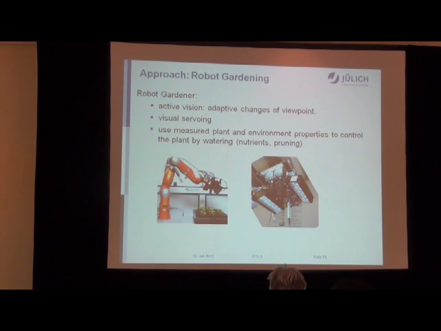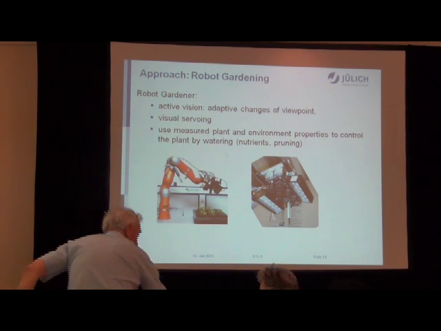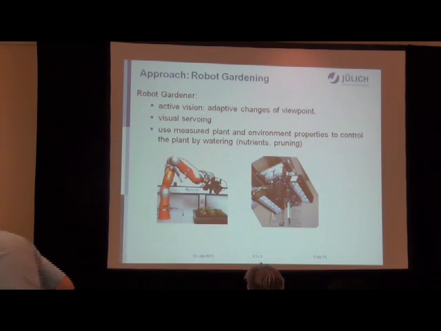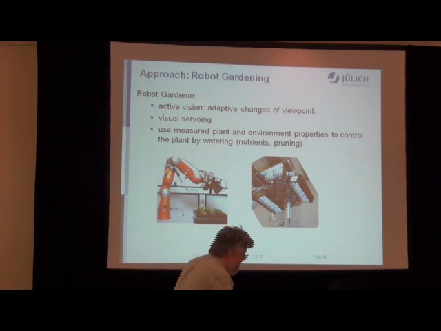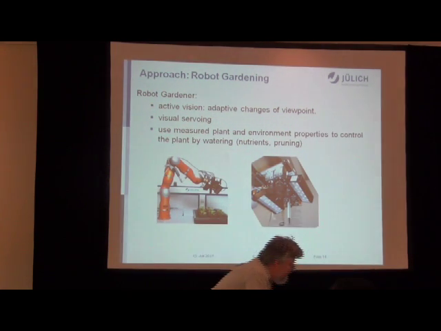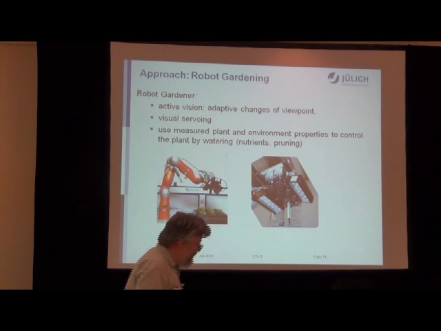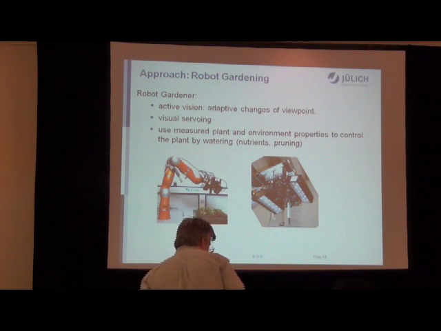And one approach, the current project is Robert Gardner, so we mounted some cameras onto a robotic arm. And the idea is to set up a cognitive system which learns how to grow up plants in some pre-specified ways, and also give water and nutrients.